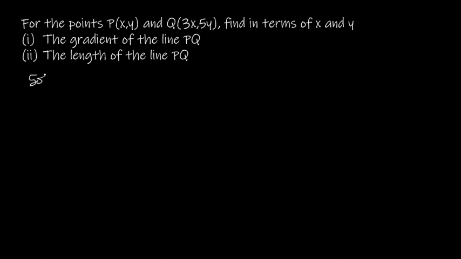So let's go ahead and look at the solution for this problem. So we have the point P, which has x and y, and then we have our second point Q, 3x, 5y. We are to find in terms of x and y the gradient PQ and then the length PQ.